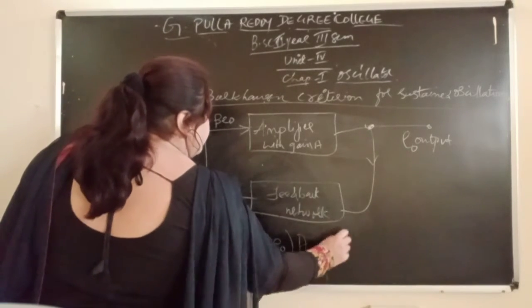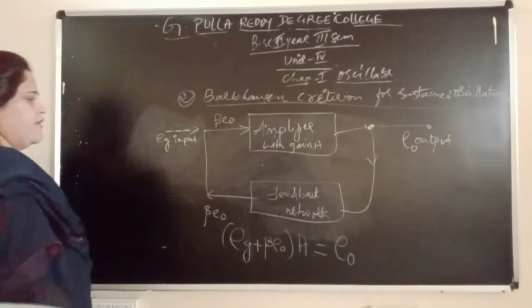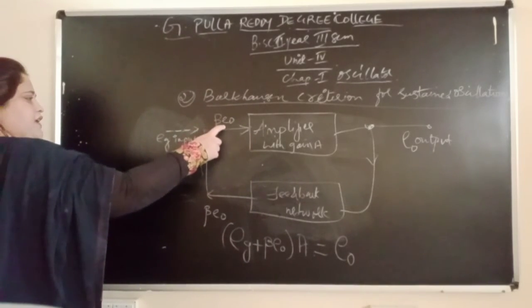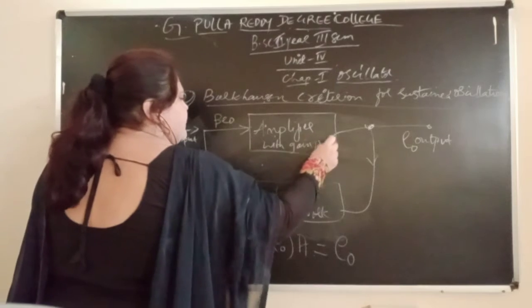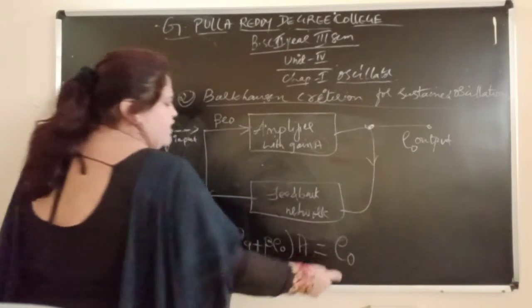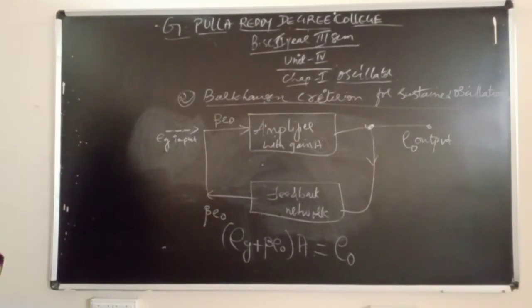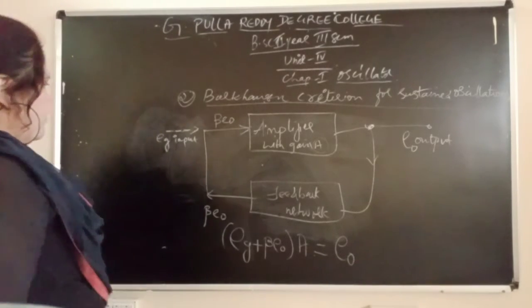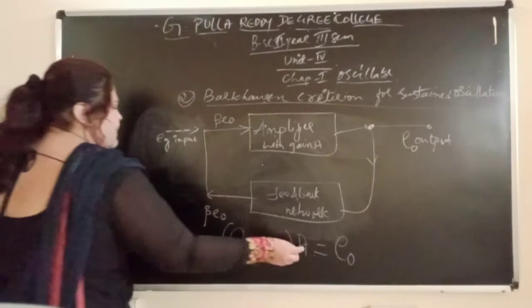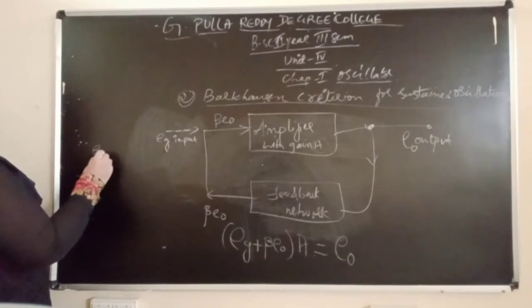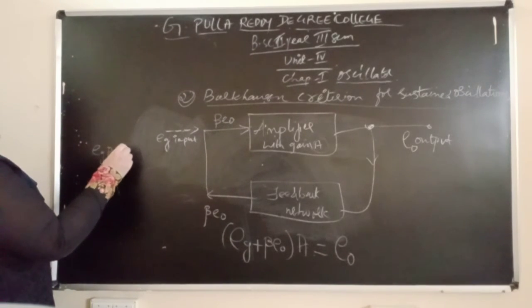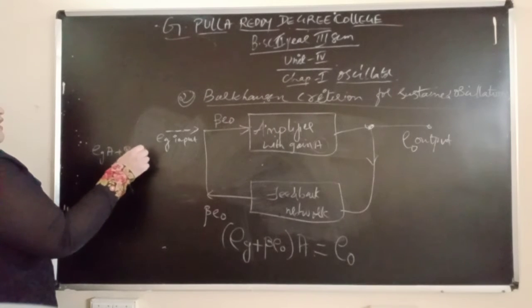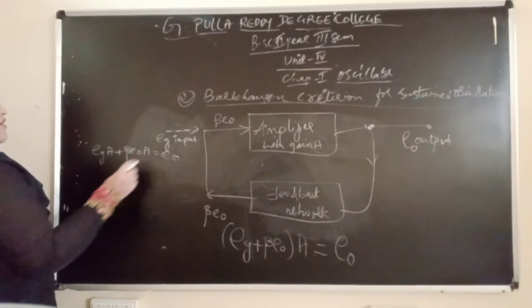Then it will be equal to E naught. So Eg plus beta E naught, amplified A times, equals E naught. This equation you will get. From this equation, I will multiply this A with this: Eg A plus beta E naught A is equal to E naught.